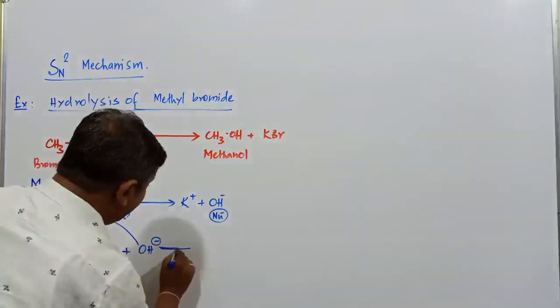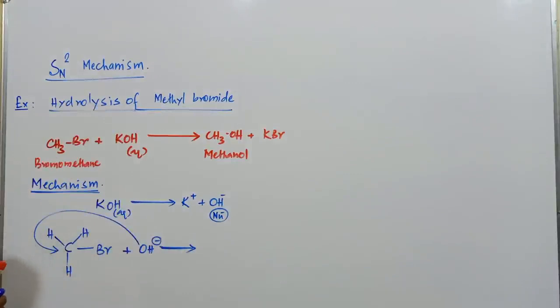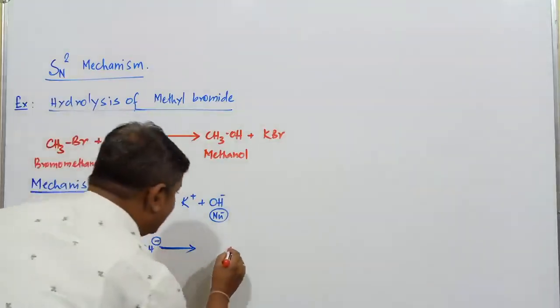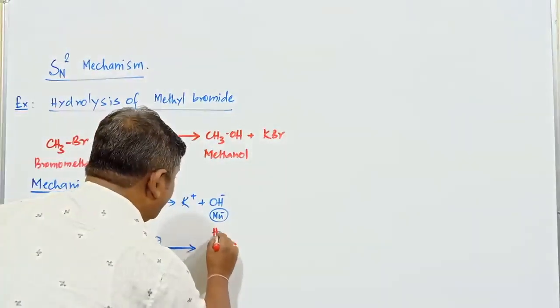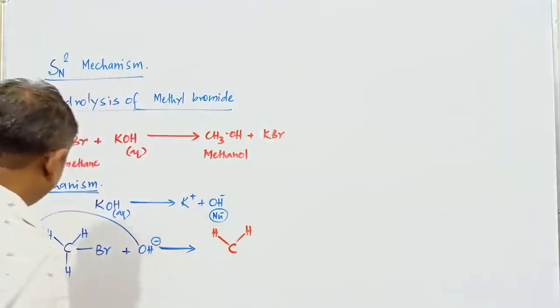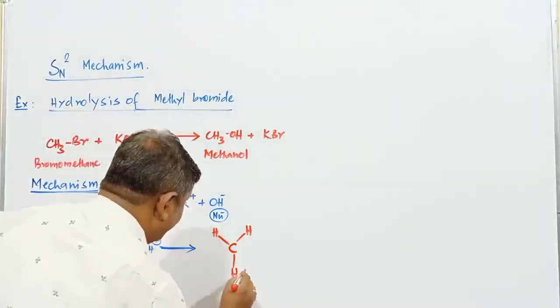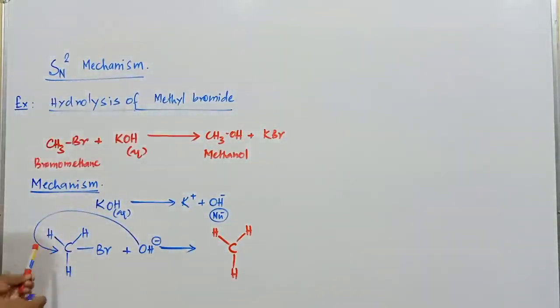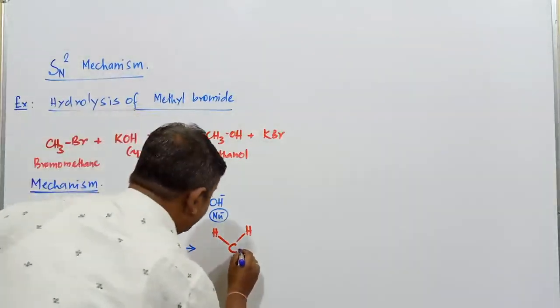When OH minus attacks the carbon atom, the bonding between carbon and bromine gets weaker. Just I will show that one. This is carbon, hydrogen, hydrogen, hydrogen. The bonding present between carbon and bromine gets weakened.